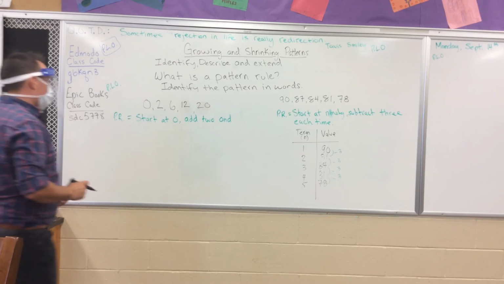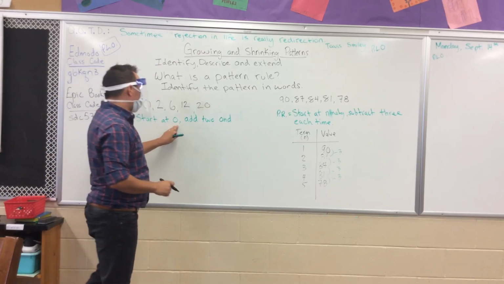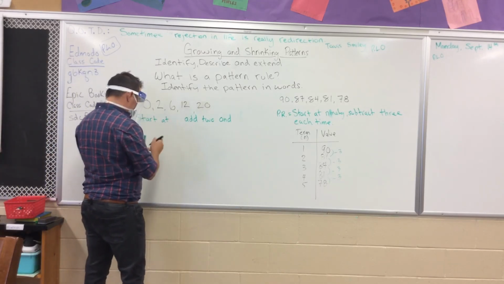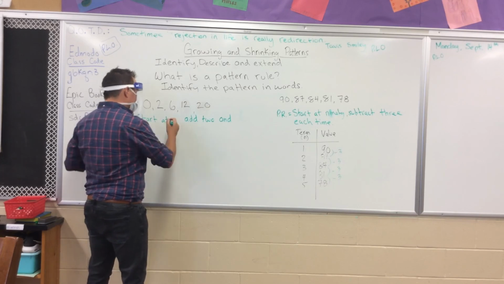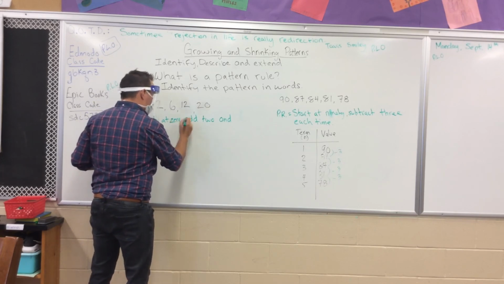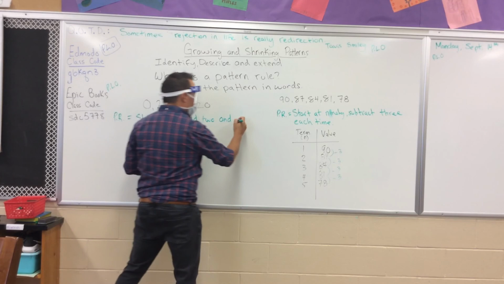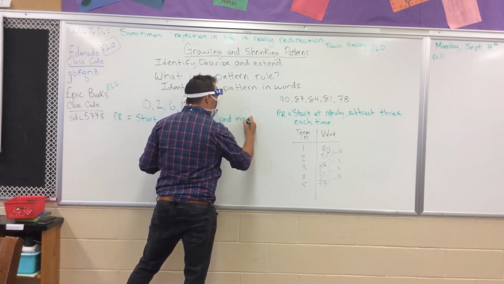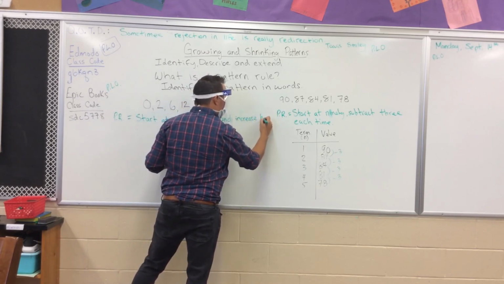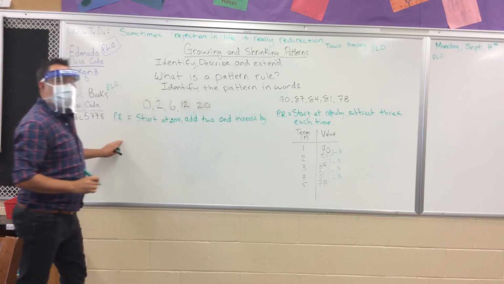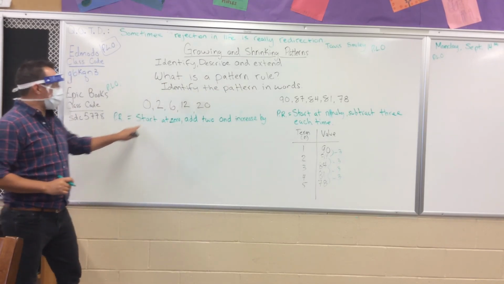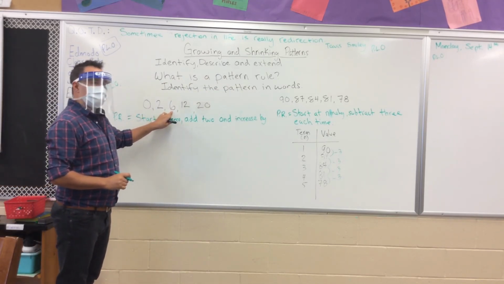But we could say, start at 0, actually should be written, start at 0, add 2, and increase by, how many more do we increase it by for the next one? 4. So it's 4.